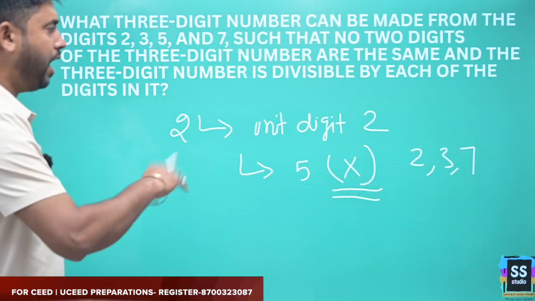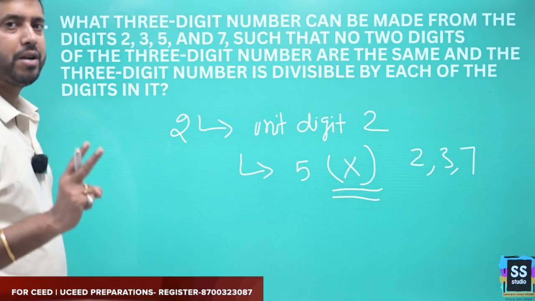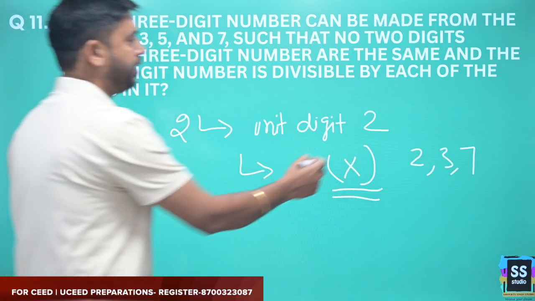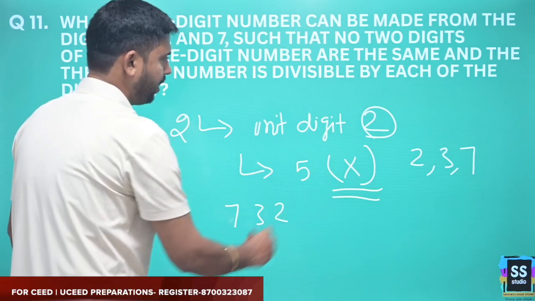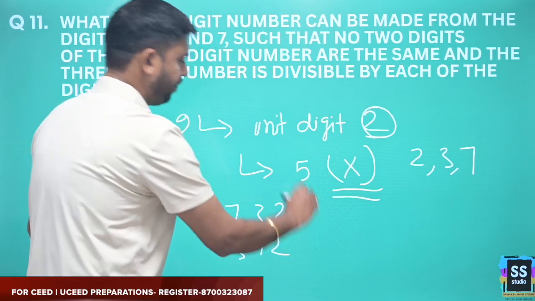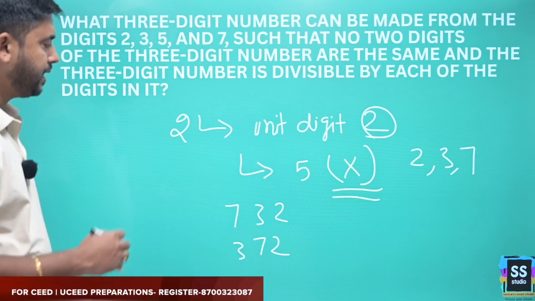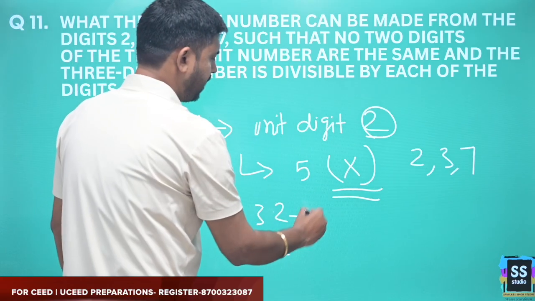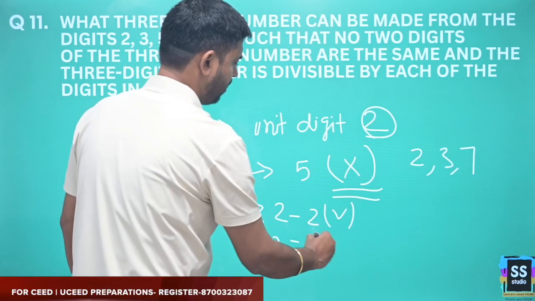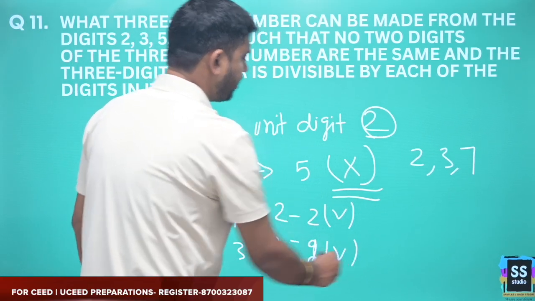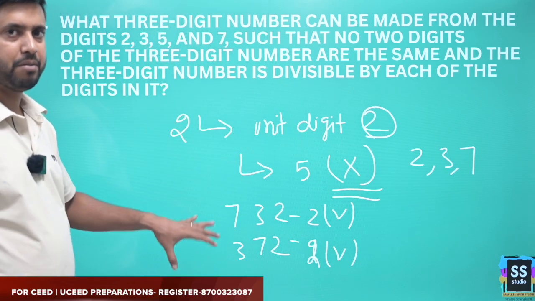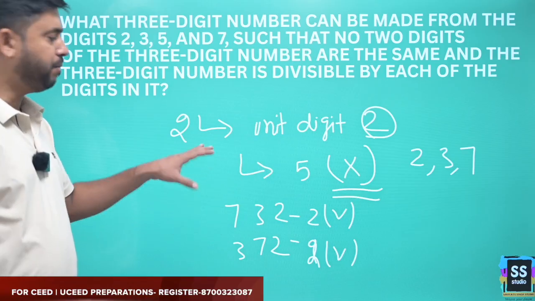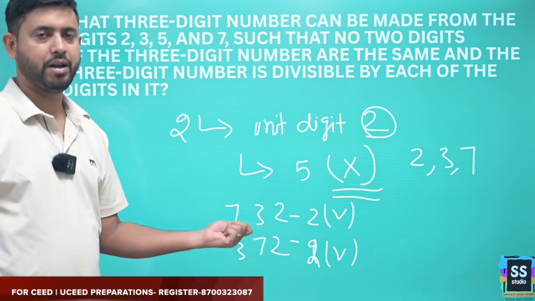So what we are left with is 2, 3, 7. Right? Now from these, only 2 numbers can be approached which have unit digit 2, which are 732 and 372. In both the cases, if you will see, it is divisible by 2, because one condition says that the entire 3-digit number should be divisible by every individual digit in that number.